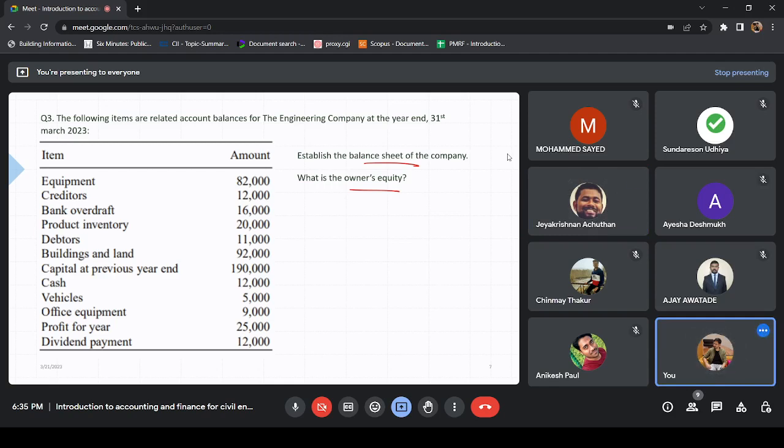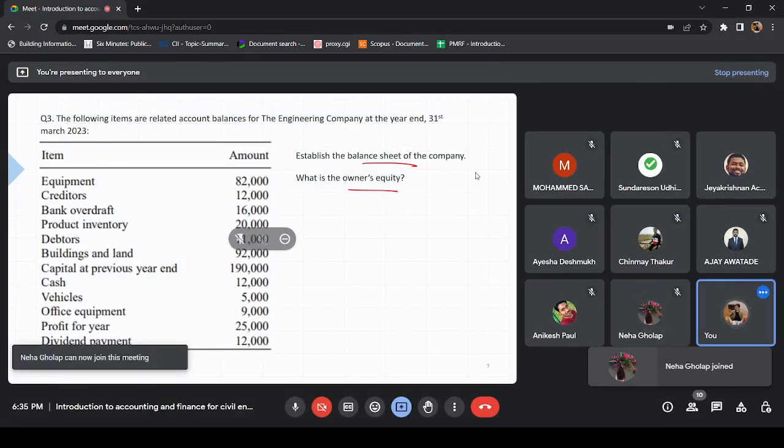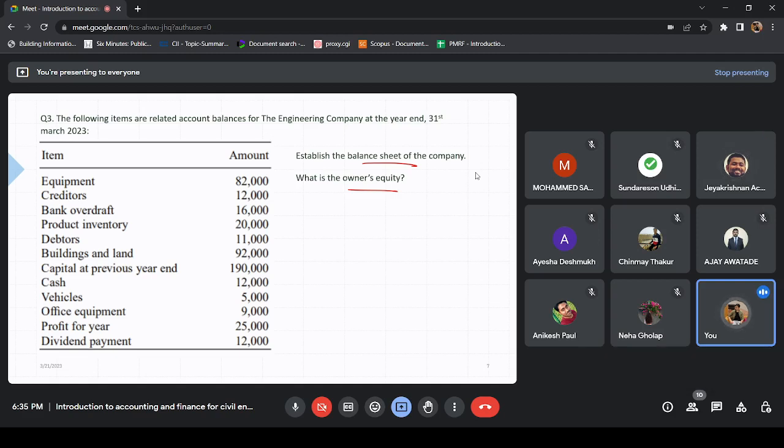When we make an income statement or balance sheet from the T accounts, we directly copy the heads and write the balance brought down amount. Similarly, the capital head is there, and that gives you your owner's equity. So now you have to calculate these two things in this question.